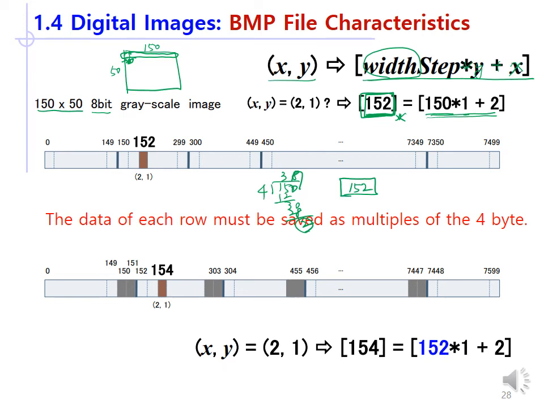So we should use the width 152 instead of 150. There are two empty spaces at the end of the first row, but we should use 152 as the width. So 2, 1 should be 152 times 1 plus 2, so 154 is the correct one.